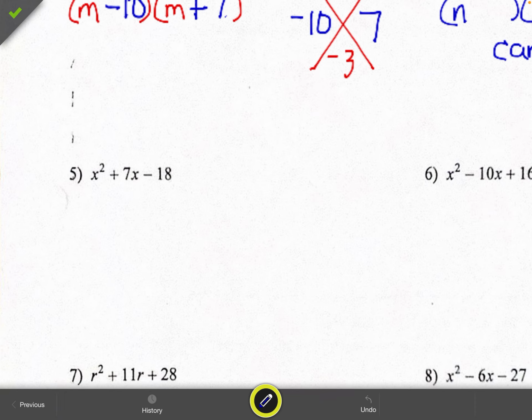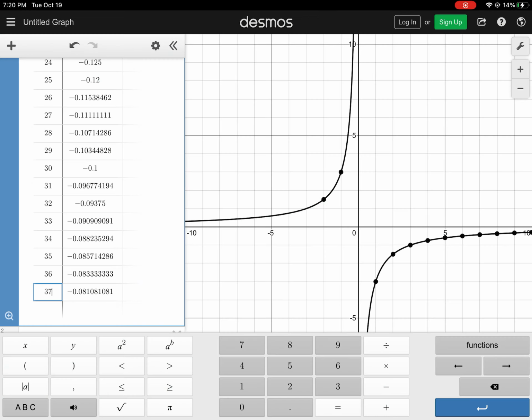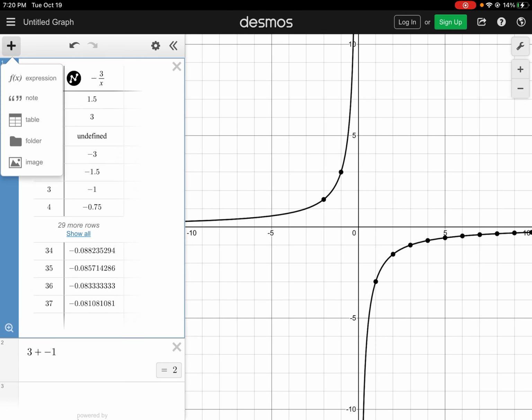All right, so write your parentheses. Variable is x. Set up your x puzzle. Factors of negative 18 that add up to positive 7. Again, my brain, I'm not going to make it go through all of that.